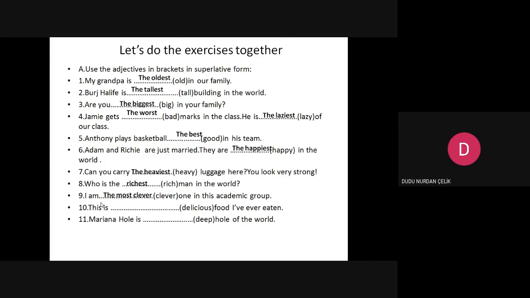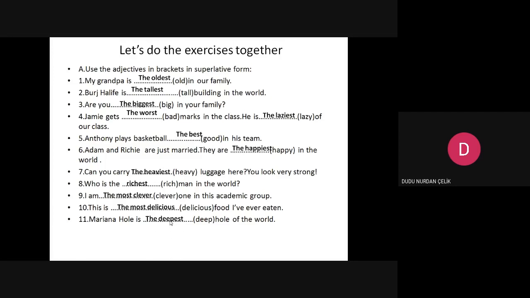Okay, try this one. This is delicious food I've ever eaten. The superlative form of delicious, it's a long syllable. And of course, we say again, the most delicious. Mariana Hall is deep hole of the world. Deep in superlative form is of course, well done guys, the deepest.